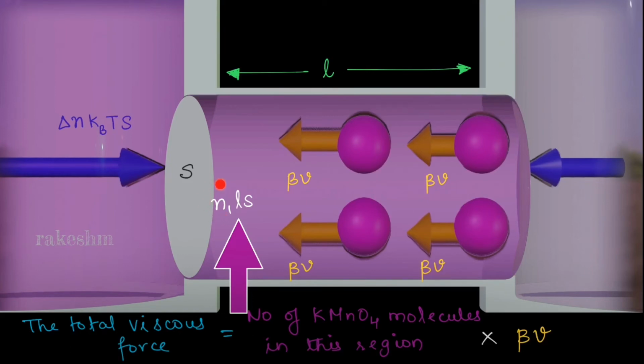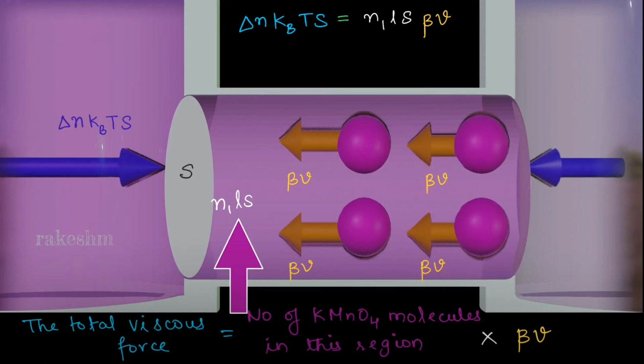The concentration is N1 and the volume of this region is length into area. So N1 into L into S is the number of KMnO4 molecules in this region. So the total viscous force is N1LS into beta into V.